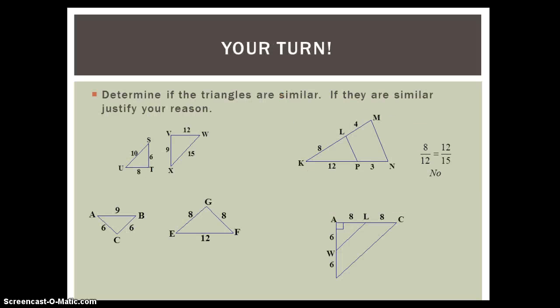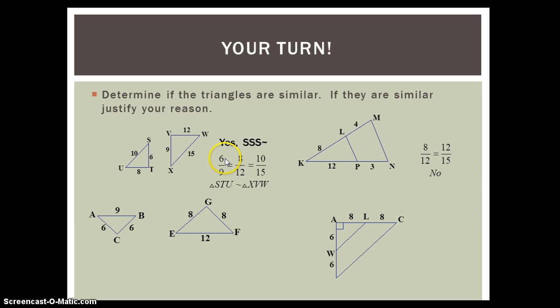Now it's your turn. Determine if the triangles are similar, and if they're similar, justify your reasoning. If we look at the first triangle, we know this is similar by side, side, side. We have 6 to 9, 8 to 12, and 10 to 15.